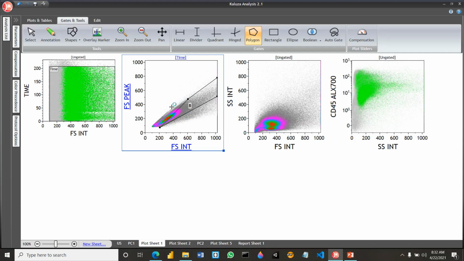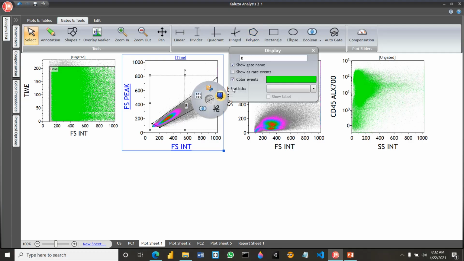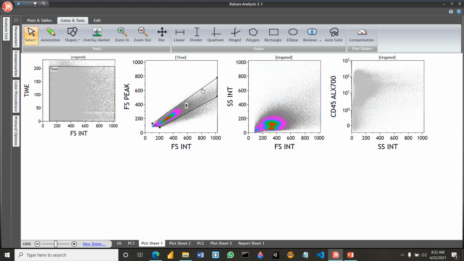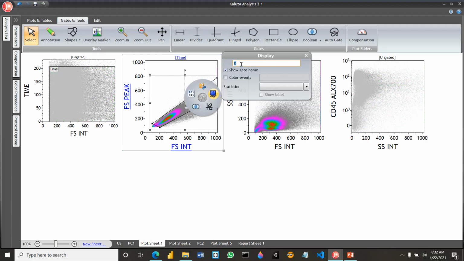In diagnostic cases you can remove the doublets, but in MRD cases we may want to include them to avoid the loss of hyperdiploid plasma cells. So this is our singlet gate.